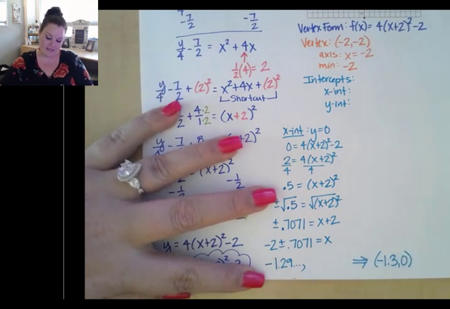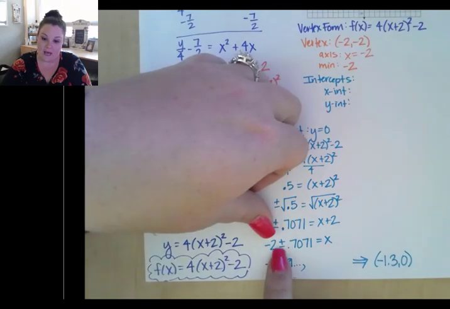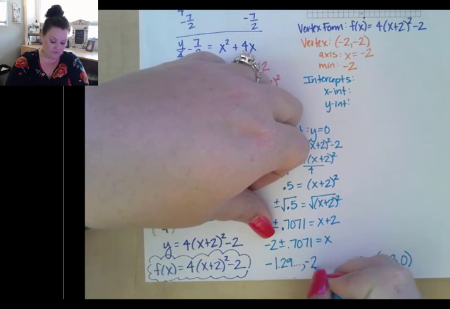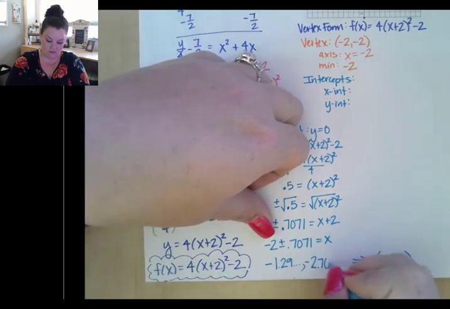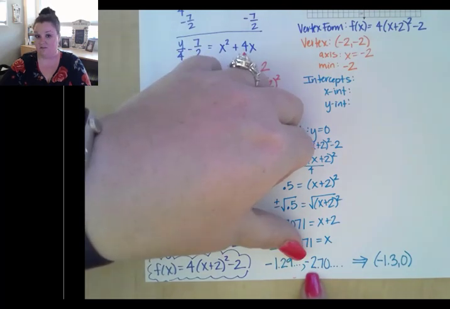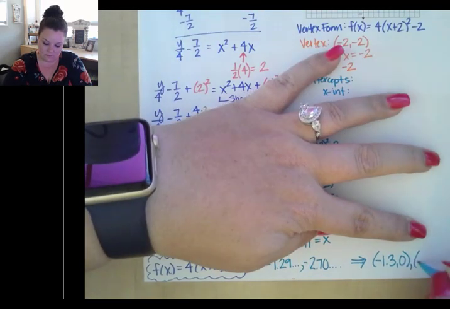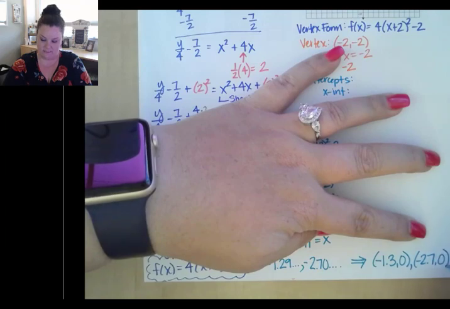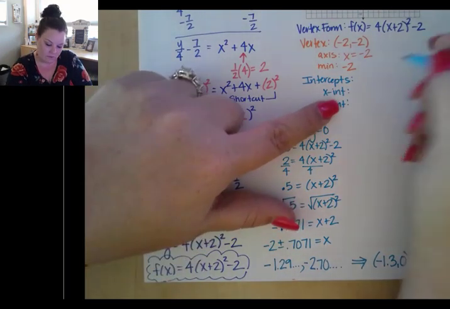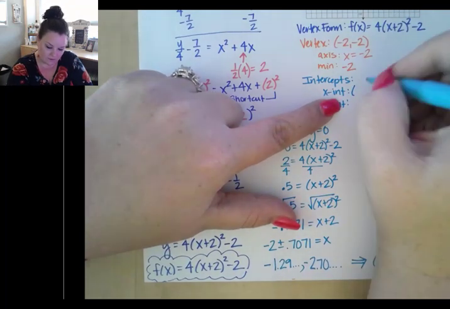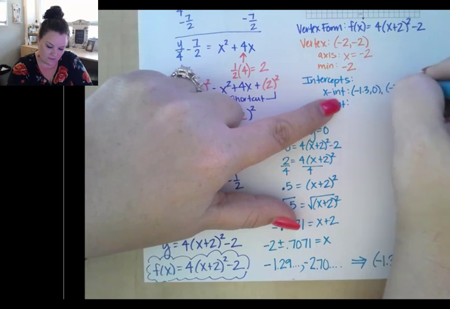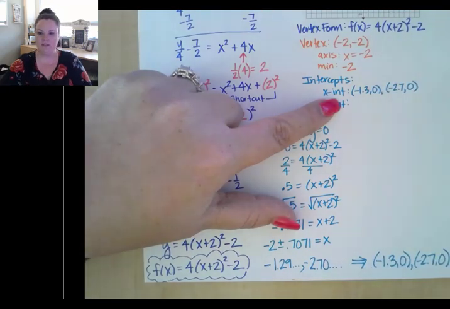And then if I do negative 2 minus 0.7, I get negative 2.70 and some more stuff, which I'm just going to say is roughly negative 2.7. So negative 2.7 comma 0. So now I have my two x-intercepts. I'm going to write them up here since I have all my other answers up here. Negative 1.30, negative 2.70. Okay.